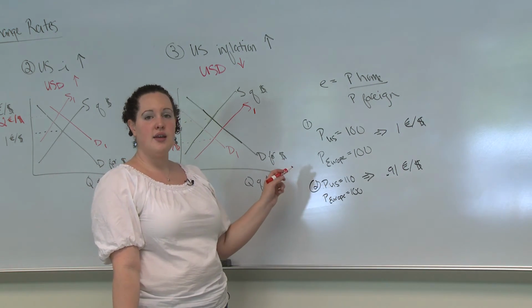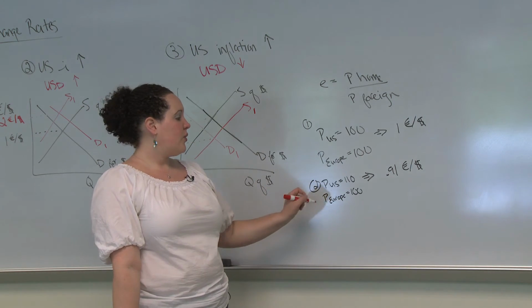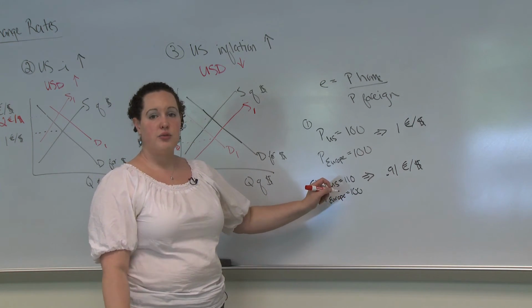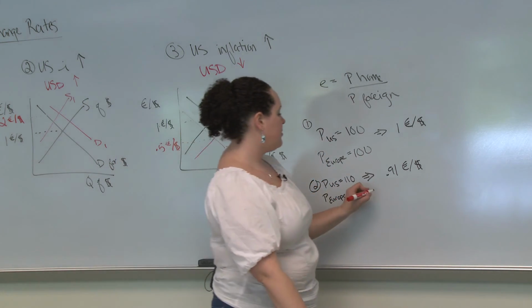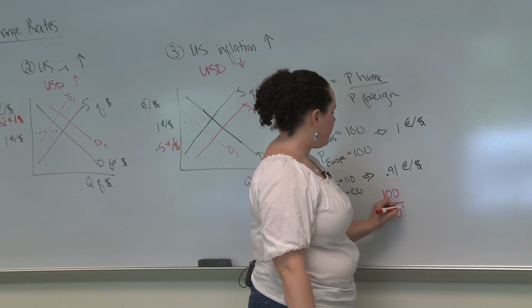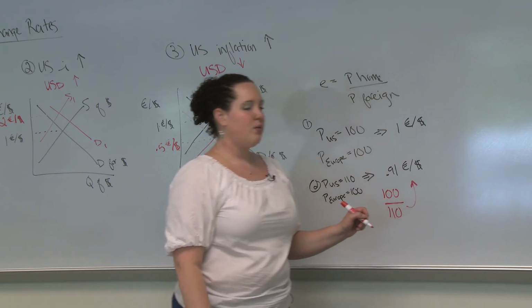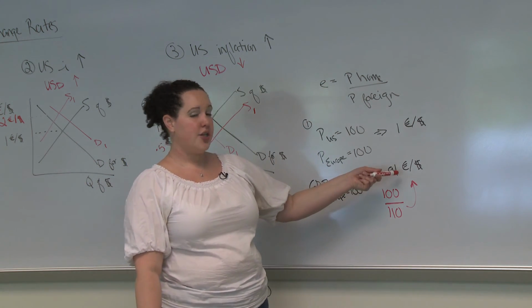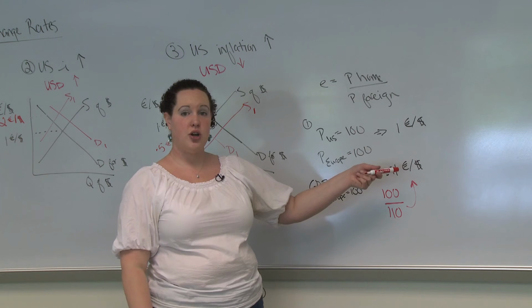If the US inflation rate goes up, which would be reflected in a higher price level, then we would do price level in the home country over price level in the foreign country, and we would get a new exchange rate of 0.91 euros per dollar.